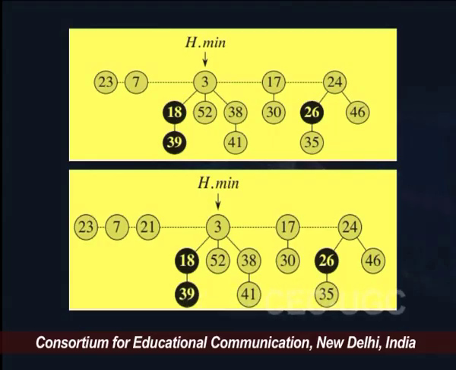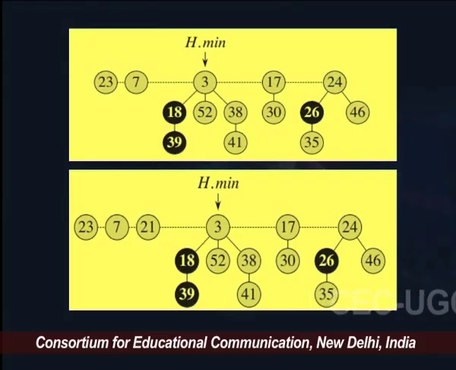But here, if my h dot min is already pointing to the key 3, which is lesser than the key of the newly inserted node, there is no point in disturbing h dot min. If it would have been 2 in place of 21, or 1 in place of 21, then h dot min would require to be updated.